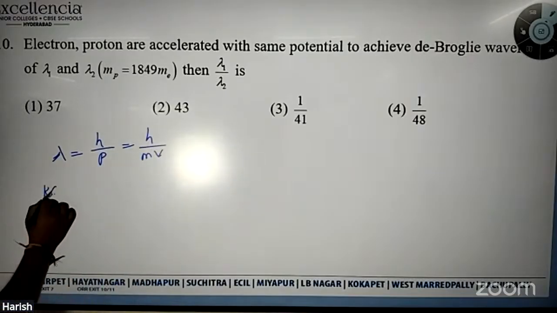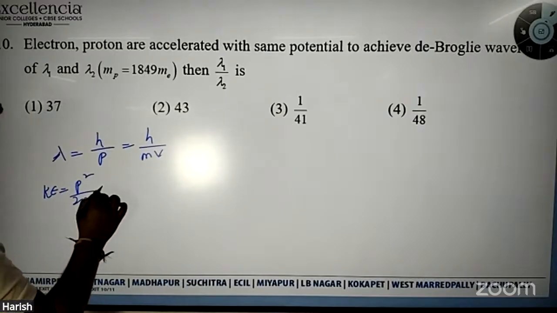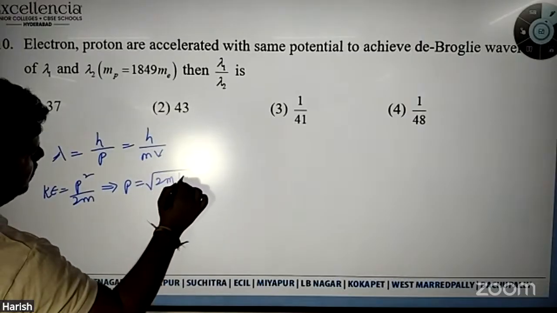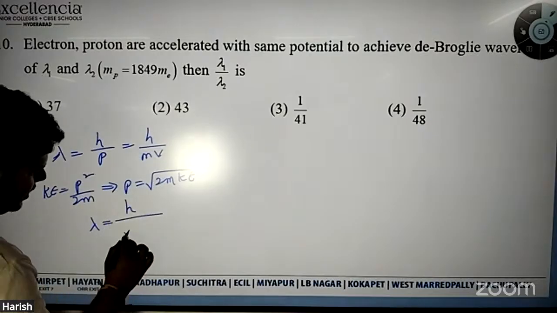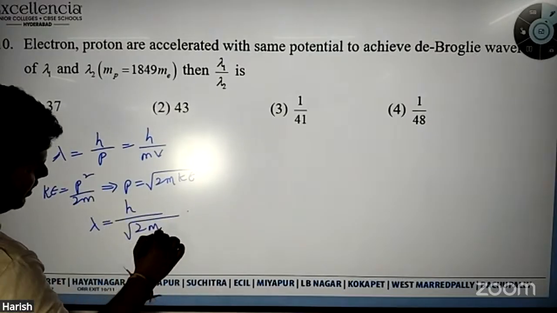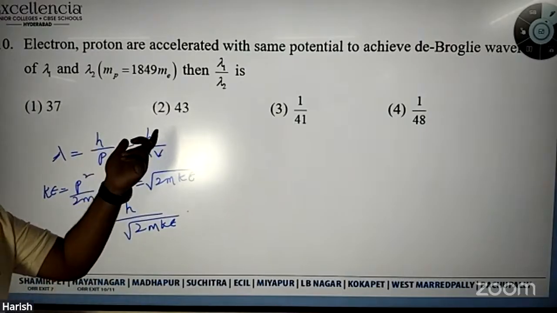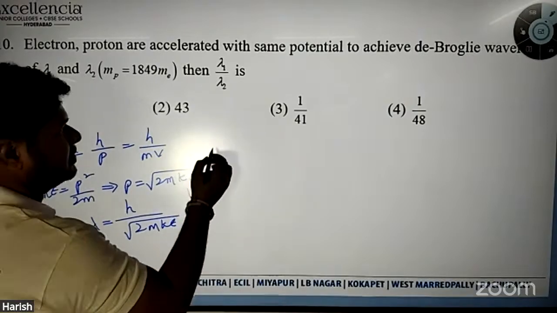We know that kinetic energy is equal to p square by 2m. If I find the value of p from here, it becomes root of 2m into T. So lambda equals h by under root of 2m into T. But they are saying that the charged particles are accelerated by applying a potential difference V.